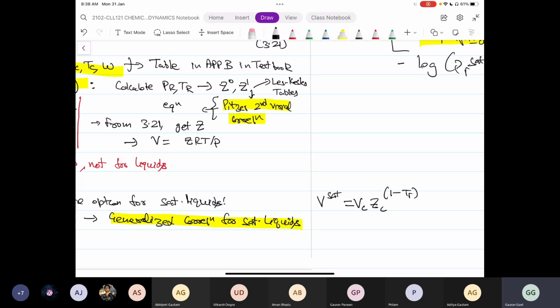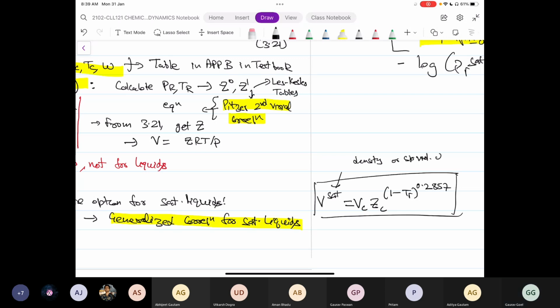This is the Rackett correlation. As the equation clearly mentions, it will only give you density or specific volume at saturation conditions for a liquid. So this is one such option.